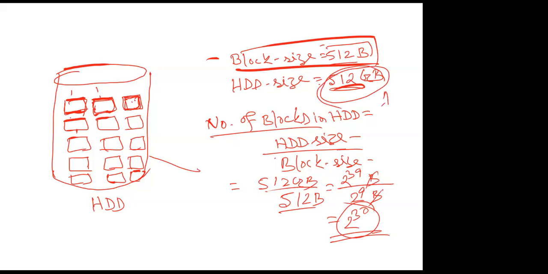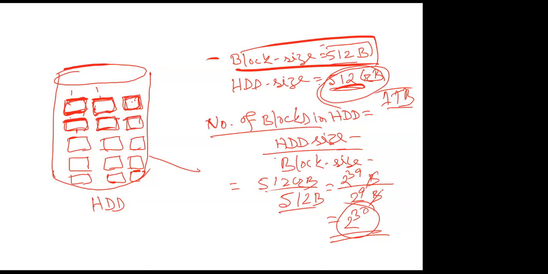Nowadays 1 TB hard disks are available. So from here you can imagine that millions of blocks can be available inside a hard drive. Millions of small blocks reside inside the hard disk. Okay, this is a block.